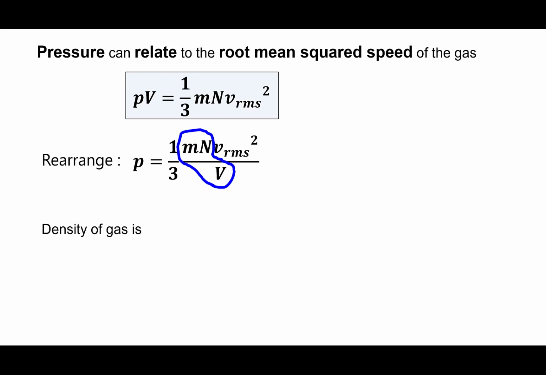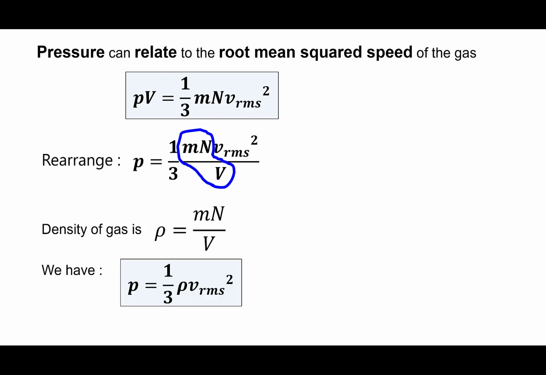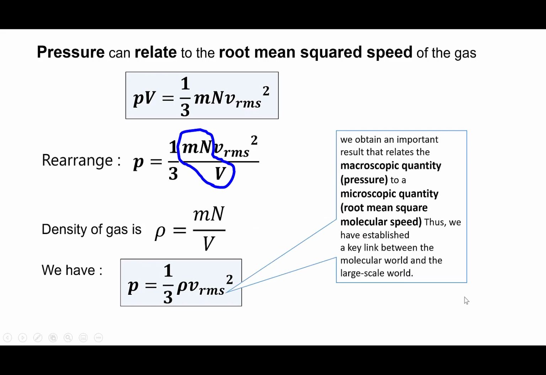And from density equal to the mass times number of molecules over the volume, we will have P equals 1 over 3 rho Vrms squared. We obtain an important result that relates the macroscopic quantity, which is pressure, to a microscopic quantity, which is root mean square molecular speed. Thus, we have established a key link between the molecular world and the large-scale world.